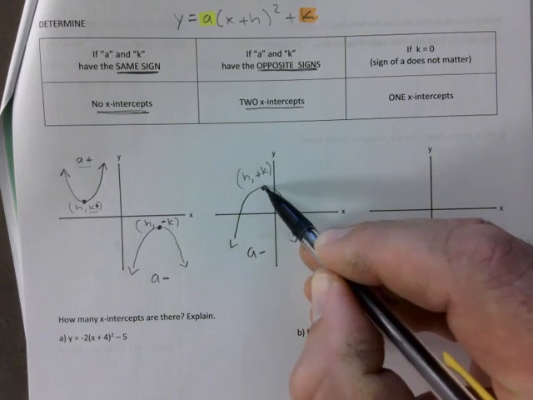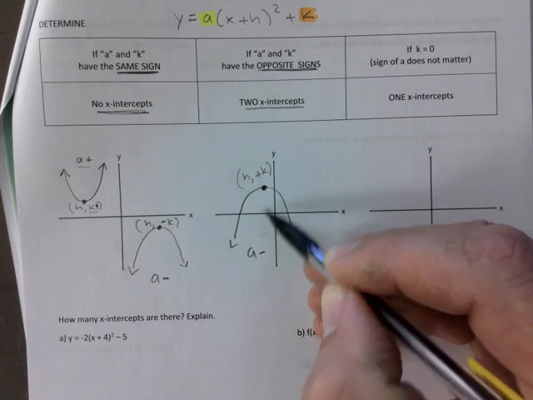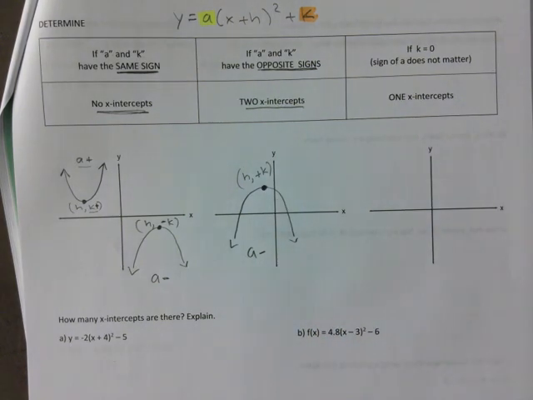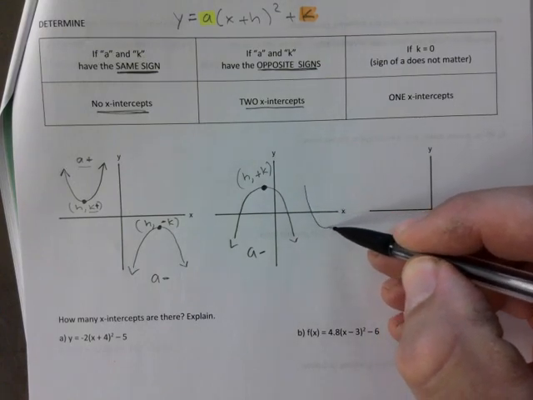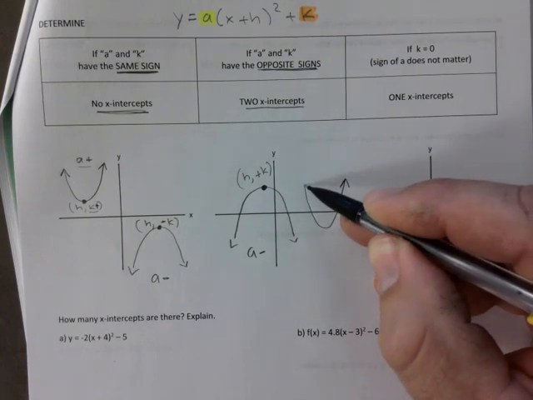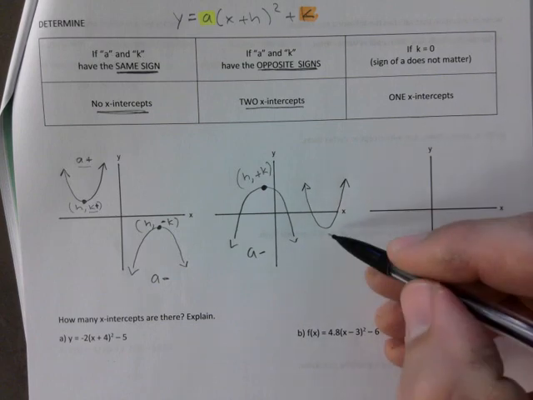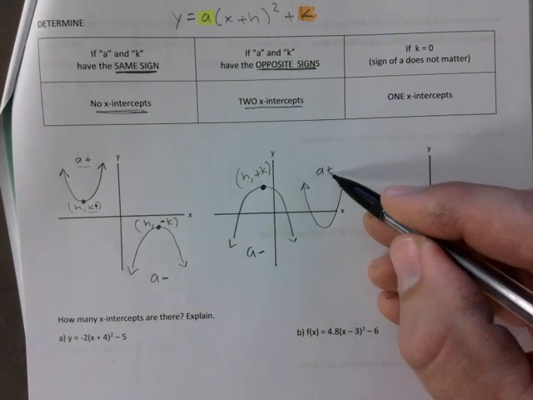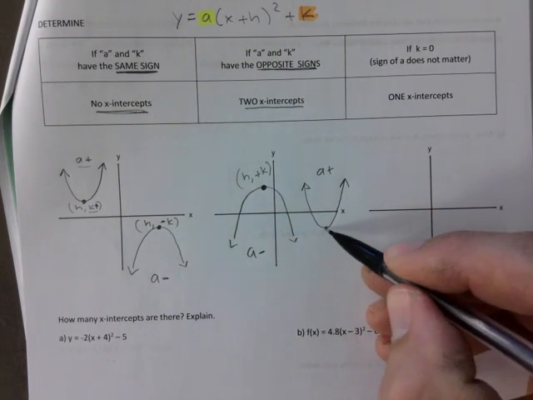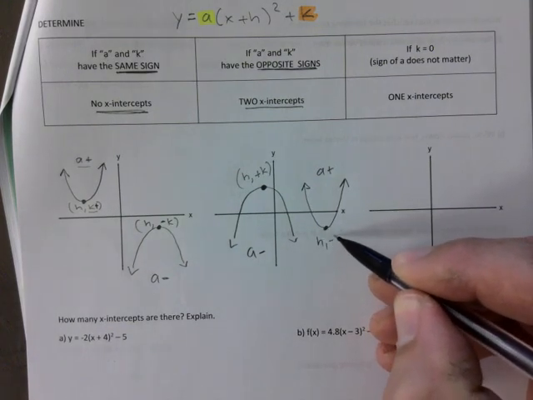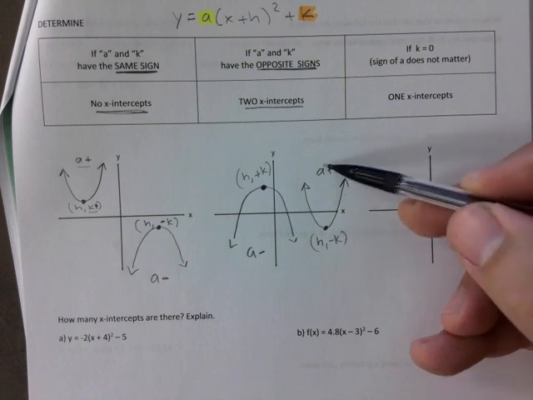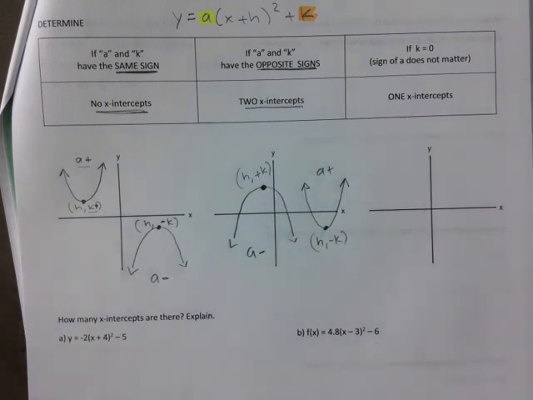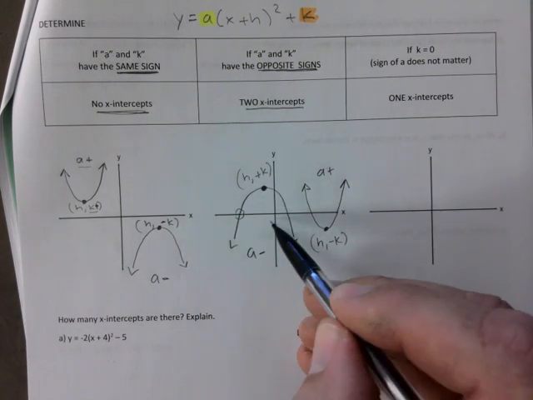The y value of this vertex is positive because it's above the x-axis. Same thing here. This one has a positive a, because it's pointing up, and the coordinates would be (h, negative k). So with opposite signs, you have two x-intercepts. I'm going to circle the x-intercepts.